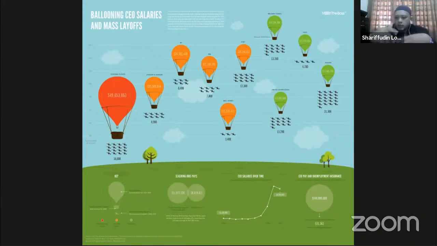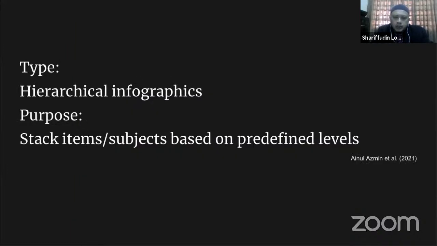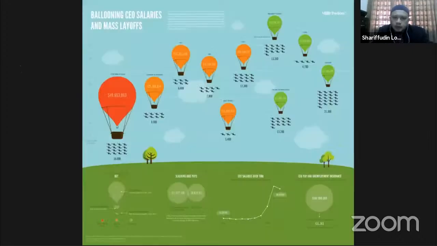It can be in a different form, for example a tree branch with things coming out from the top to the bottom, to show who's up there, and then what comes in the next level, and the next level, and the next level. So stack items and subject based on predefined levels. Okay, hierarchical infographics.